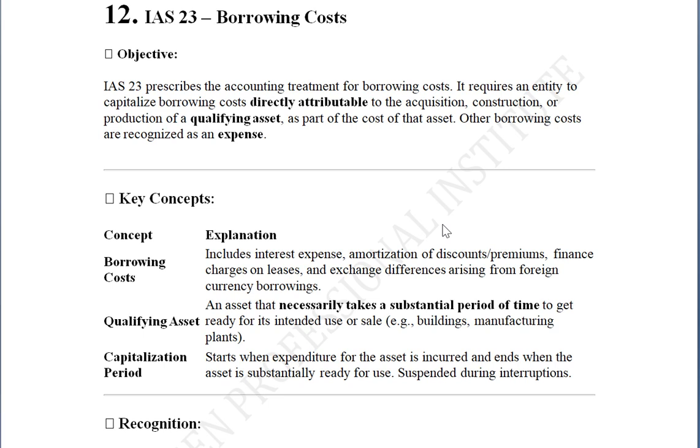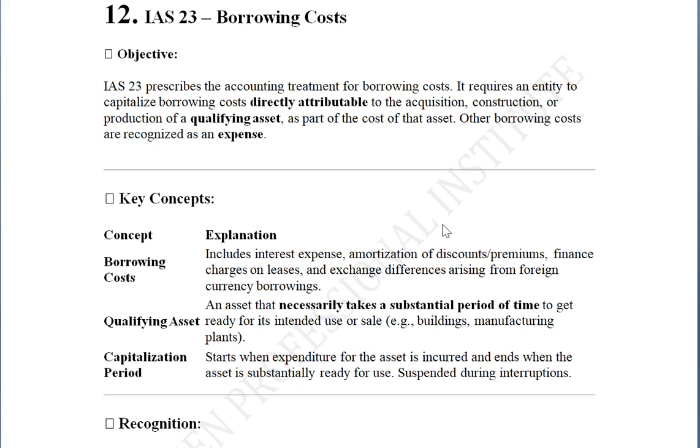And so it is expected that an entity is to capitalize any borrowing cost that is directly attributable to the acquisition, construction, or production of a qualifying asset. In other words, whenever you are acquiring, constructing or producing any qualifying asset, part of the cost of that qualifying asset is inclusive of the borrowing cost.